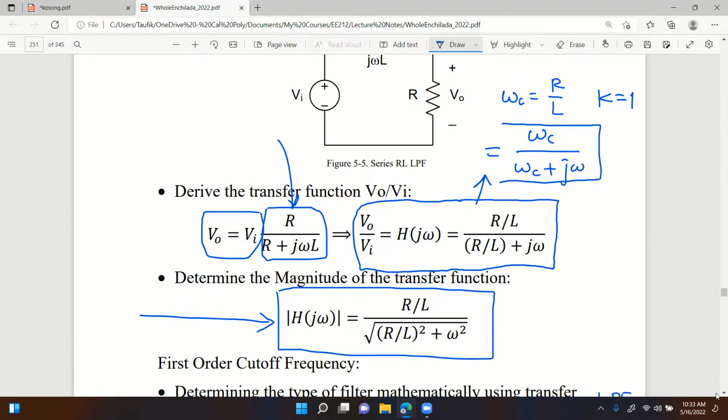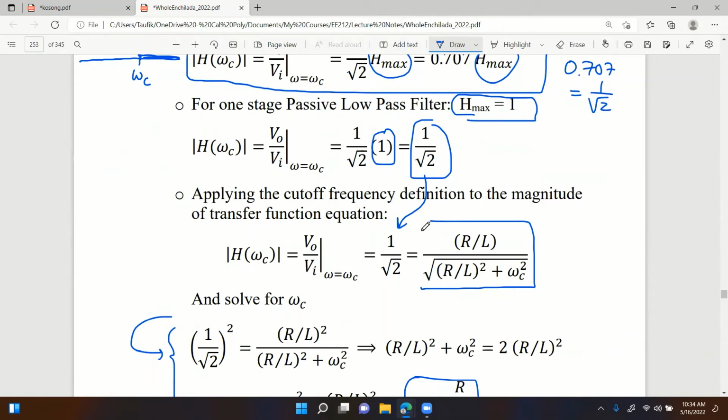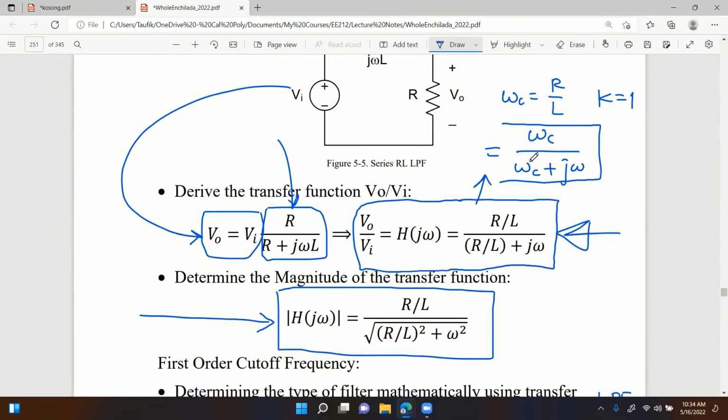If you derive the transfer function and rewrite it this way, right away you know the cutoff frequency without having to do this derivation right here, where you set it equal to 1 over root 2 and then find omega C. So if I already know the general form for a low pass filter and I rewrite the transfer function to follow this format, then I would know right away the omega C, which is R over L. That's what's nice about rewriting it in this form. Okay. Any question on this?